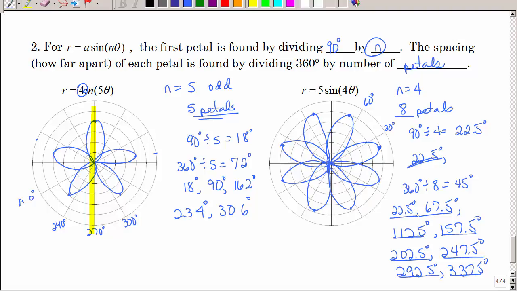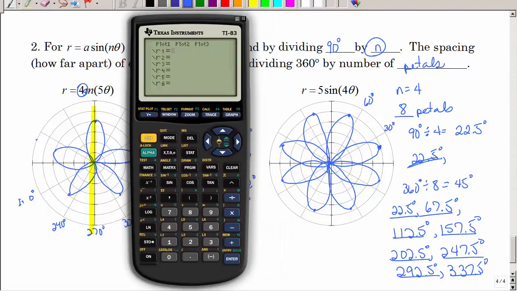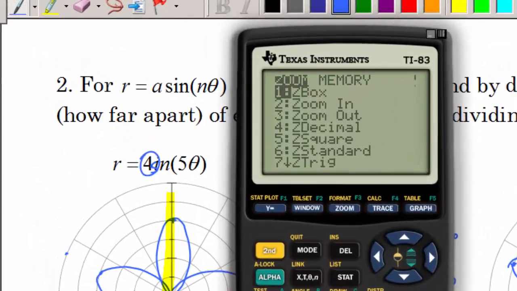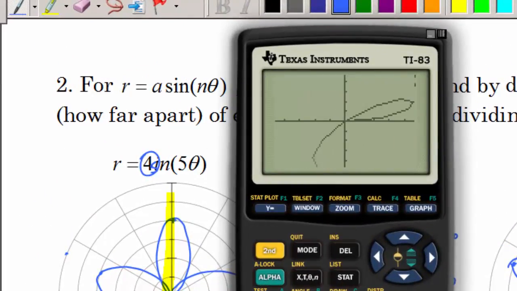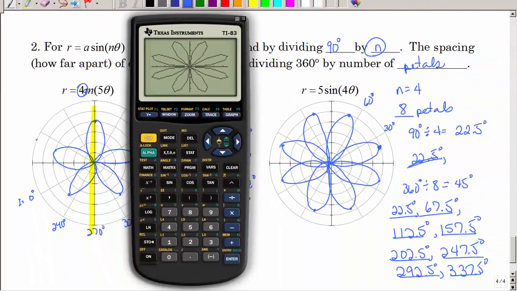So not the prettiest thing, but again, if you wanted to see it on the calculator, we could look at that. We could say 5 sine of 4 theta, zoom 0. You can see it's continuing to plot those points all in one sweeping manner as opposed to drawing each individual loop.